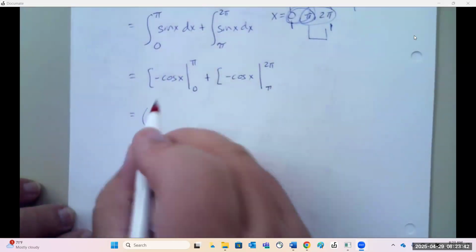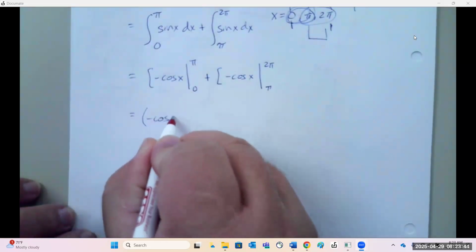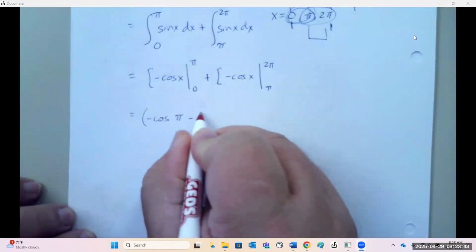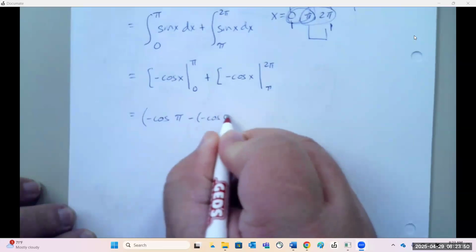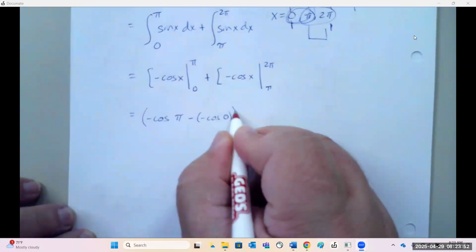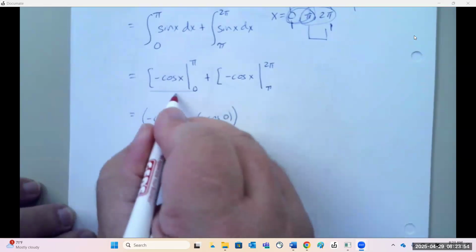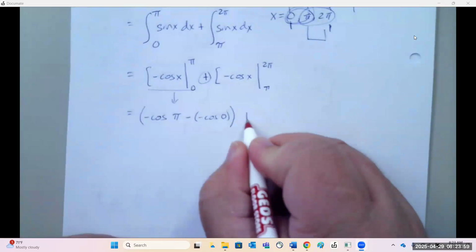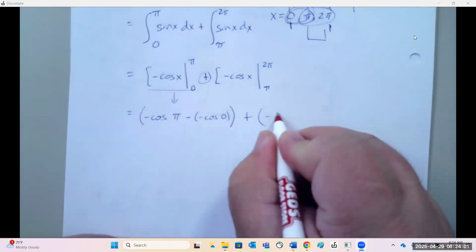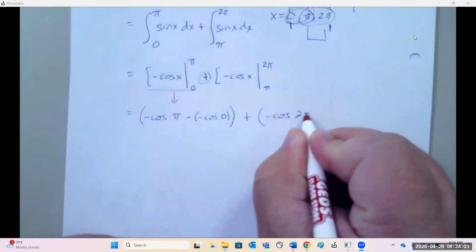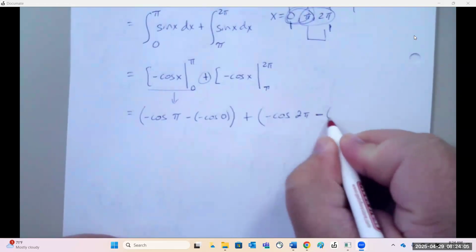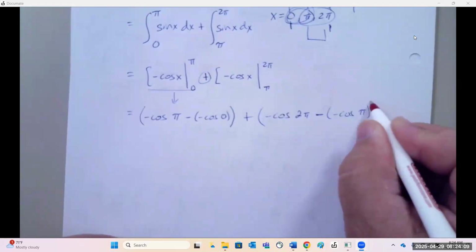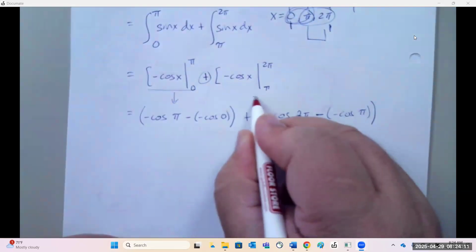So in this first one, we have negative cosine of pi minus negative cosine at 0. So that's this first one. Plus negative cosine at 2 pi minus negative cosine at pi. That's this one.